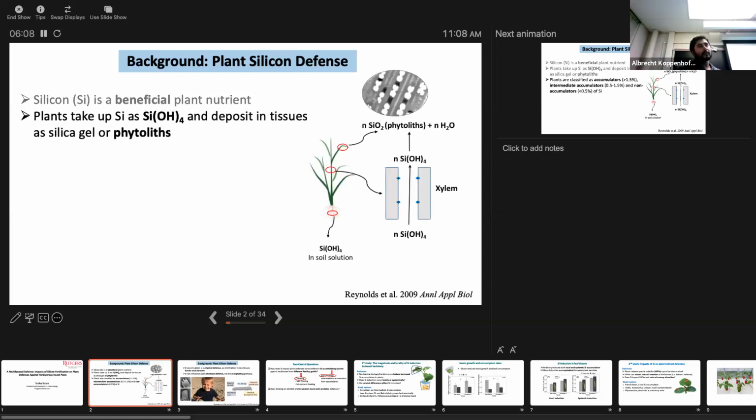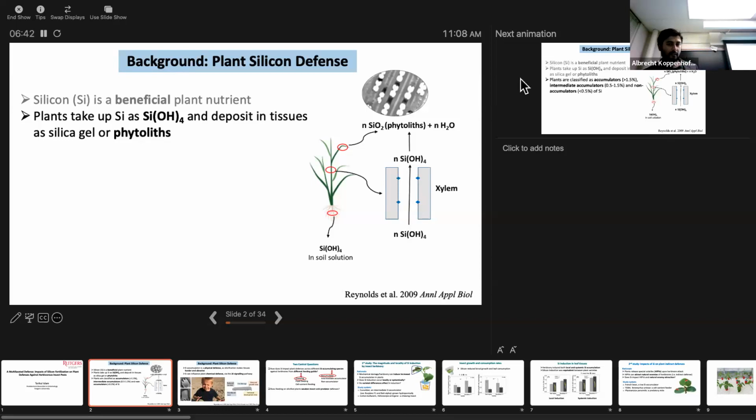And silicon is naturally abundant in the soil, but it is mostly present as insoluble silicates and oxides, and these are not available for plant uptake. So plants can only take up silicon in the form of orthosilicic acid, which is further translocated to their shoot via xylem and finally deposited in and around tissues as hydrated silica gel or phytoliths.